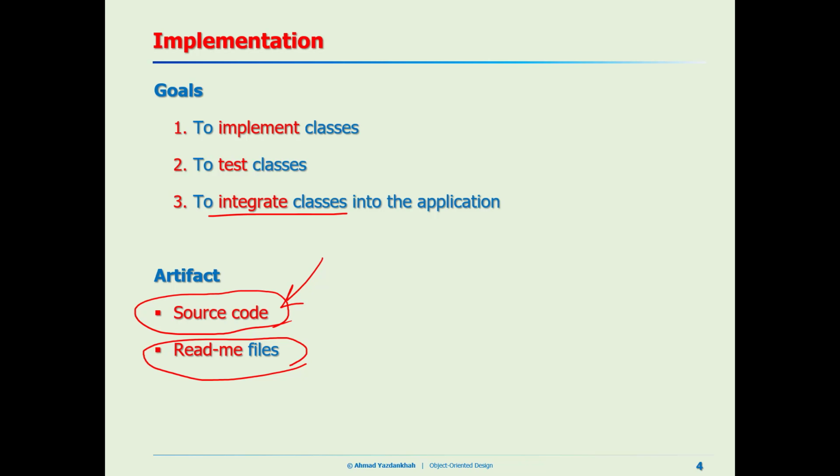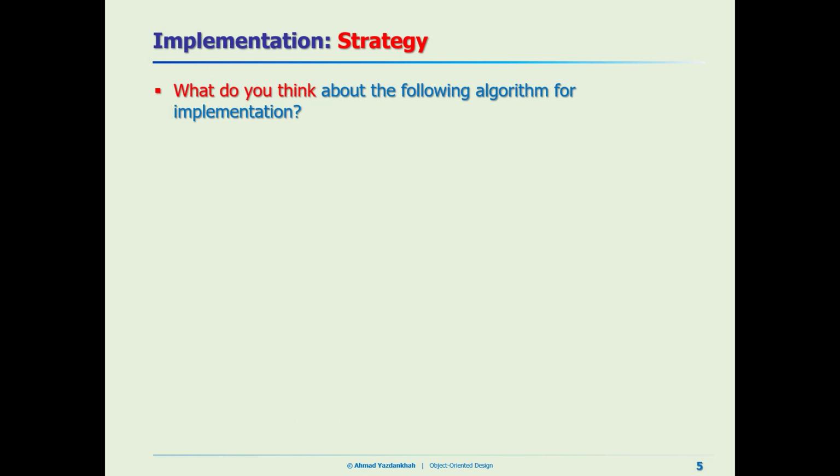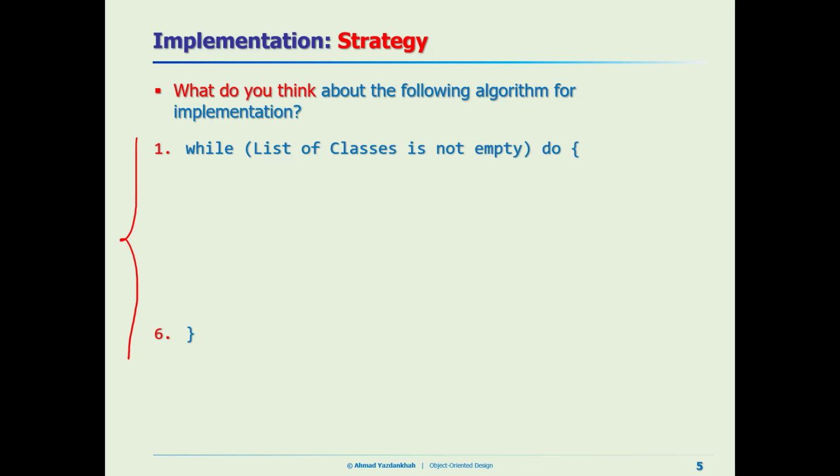All right, let's see. We said we want to implement classes and then test and then integrate. Let's see what kind of a strategy we can have for this job. One strategy would be, this is a pseudocode for it. Let's say we have a list of the classes.